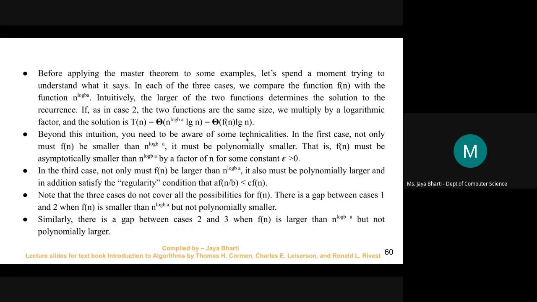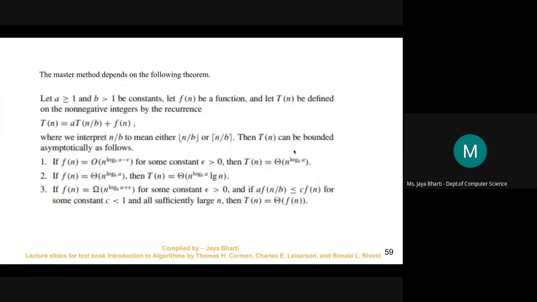So it is saying that in the first case, if it is only smaller than this, then it is not going to work. It must be polynomially smaller. Why? Because you can see that here we are using n to the power log a base b minus epsilon, where epsilon is always greater than 0. So it could be 1, 2, or even 0.2, 0.3, anything.